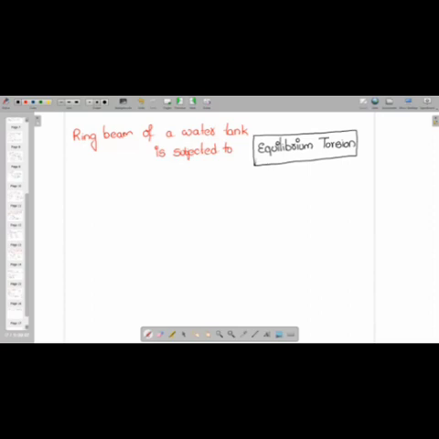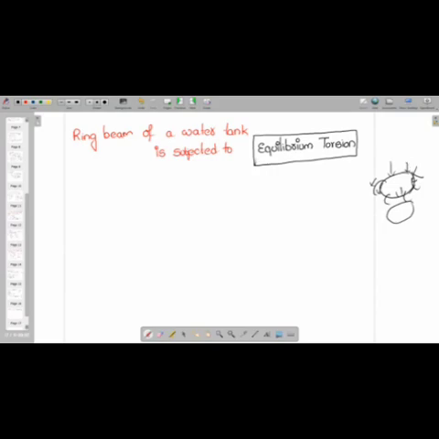What does equilibrium torsion mean? If the load has to be resisted only by the moment, then we say it is equilibrium torsion. See, suppose you have a circular water tank and you apply a load. Whatever load acts on the periphery has to be taken care of only by torsion.